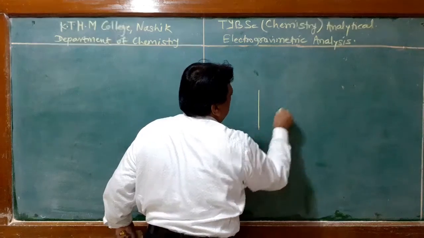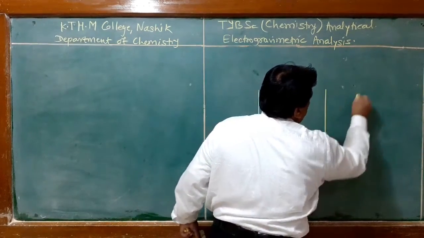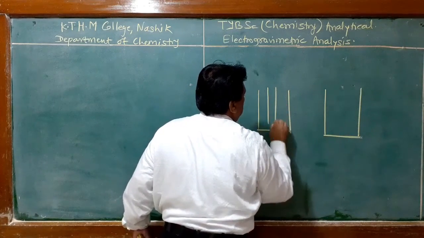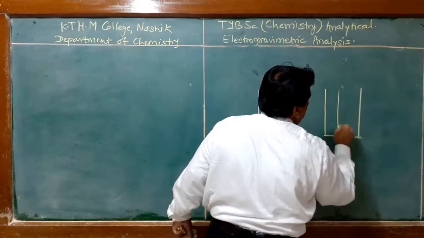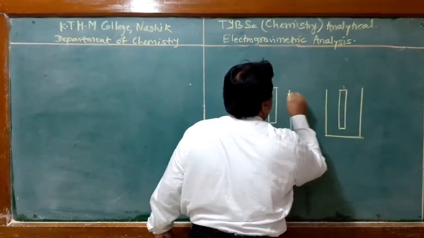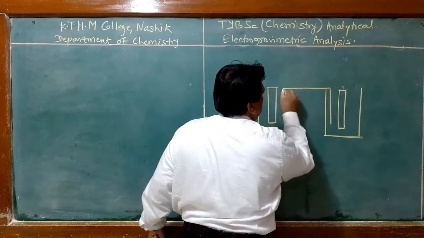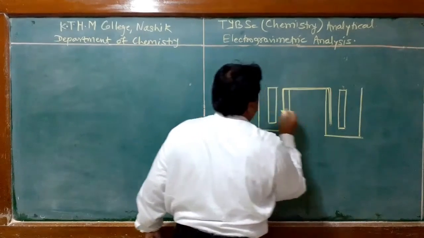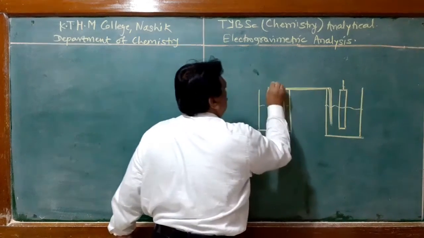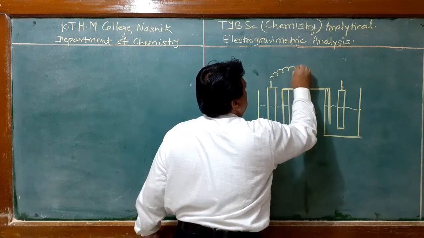The Daniell cell consists of two electrodes, a zinc rod in zinc sulfate solution and a copper rod in copper sulfate solution. These two electrodes are connected by means of a salt bridge, and also by a wire.